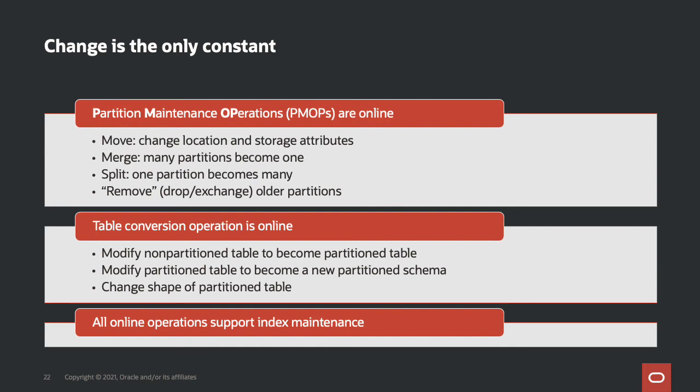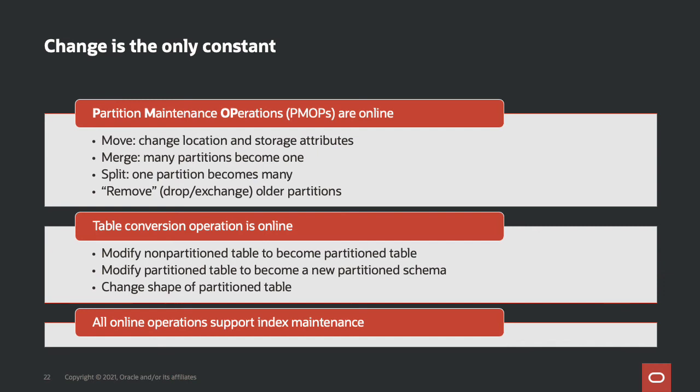Partition maintenance operations, the functionality to manage individual or multiple partitions independent of each other, enables a lot of the data lifecycle management operations. You can move individual partitions to change its location and storage attributes. For example, from a non-compressed partition to a highly compressed partition for archival purposes.